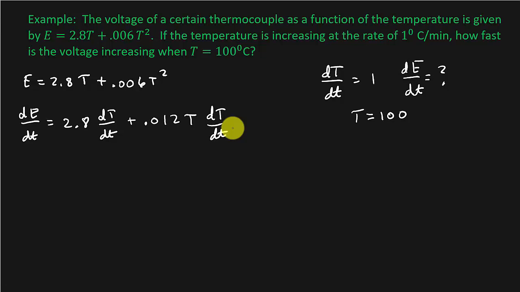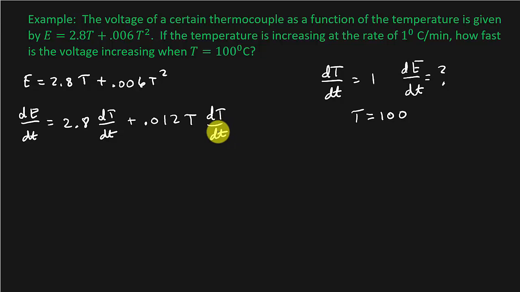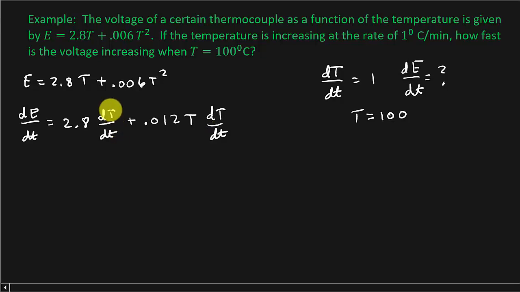Now, what are we looking for? We want to know how fast the voltage is changing. This is what we're looking for, so remember this. For all the other variables, you have to have a number to plug in. So we've got to have a number for dT/dt and T. Do we have that? Yes, we've got the 1 and we've got the 100 to plug in.